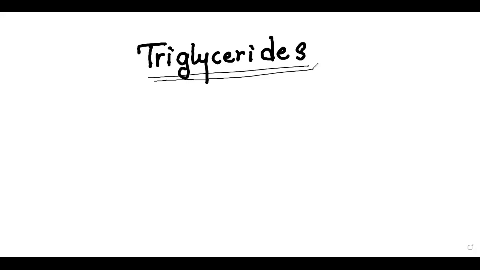Now, how do triglycerides form? For this, we need two molecules. The first molecule that I require is going to be an alcohol. It is an alcohol that has three OH groups, so it has three carbon atoms and three OH groups.